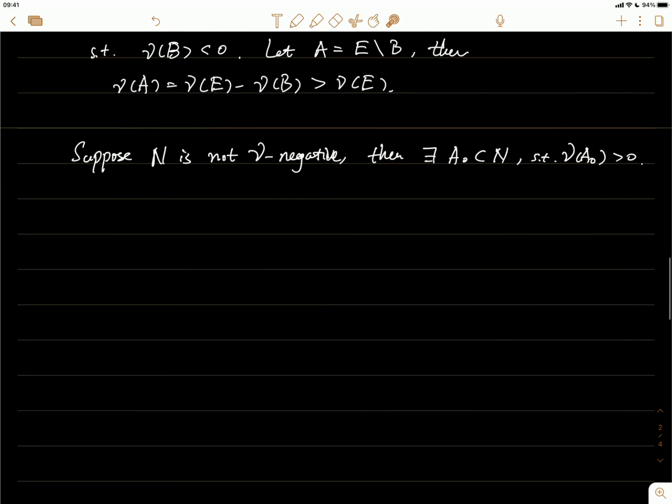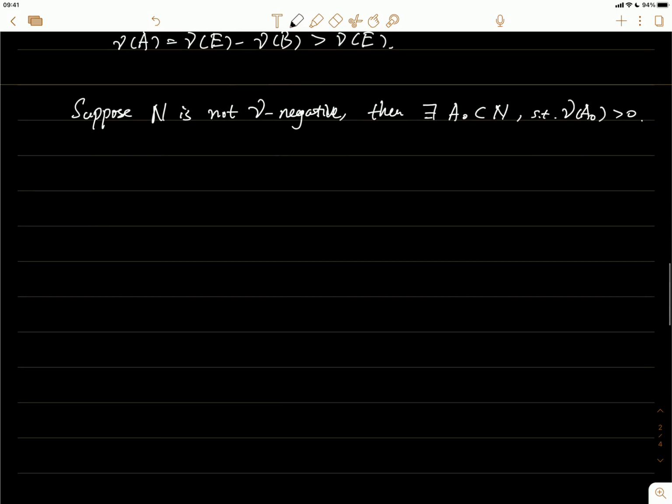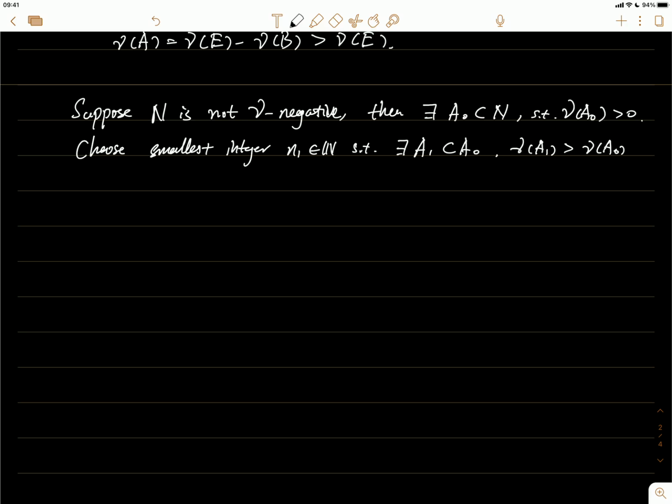Okay, let's say that the biggest case we can make is we choose the smallest integer N1 such that there exists a subset A1 of A0 and the measure of A1 is bigger than the measure of A0 plus 1 over N1.